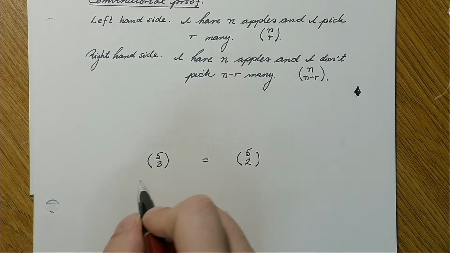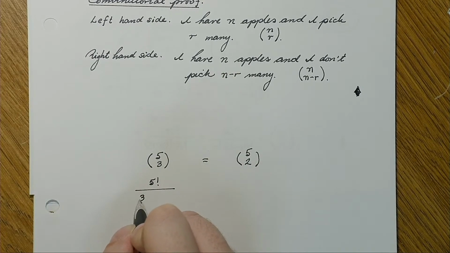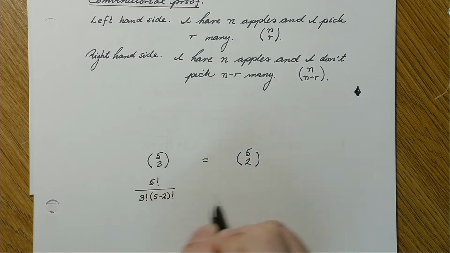And to show you this, I have 5 factorial over 3 factorial, 5 minus 3 factorial.